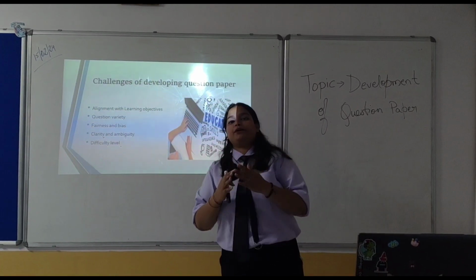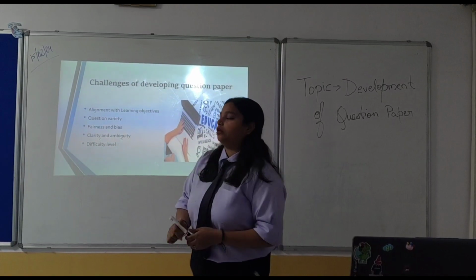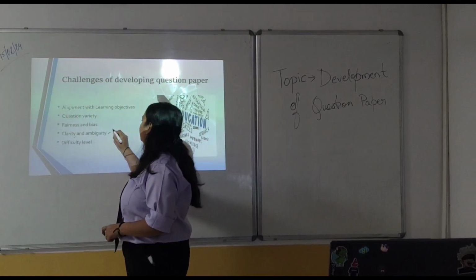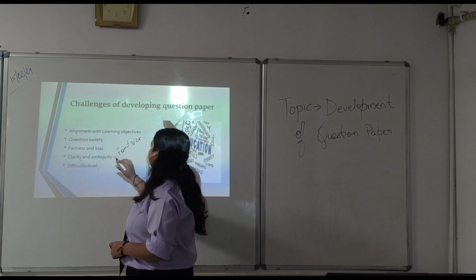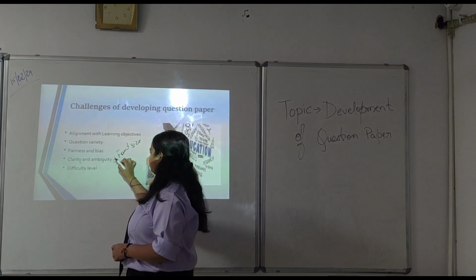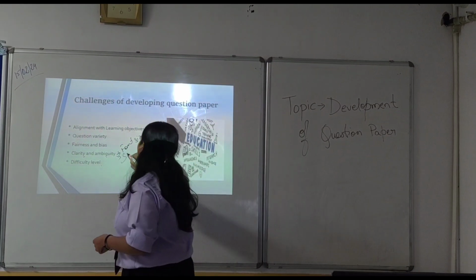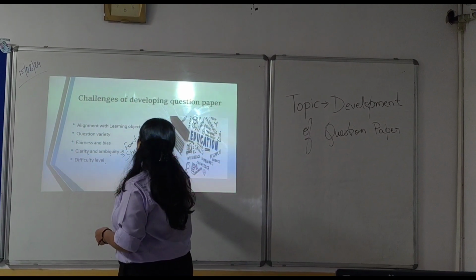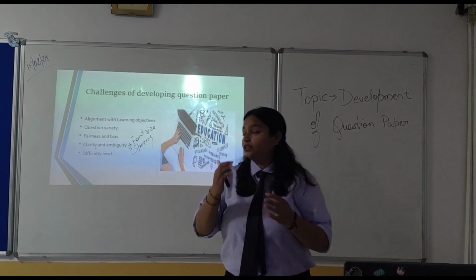The question paper should be clear so that a child could easily read it. In clarity we can say the font size, the spacing, and the layout should be clear, so the child can easily understand the questions given in the question paper.